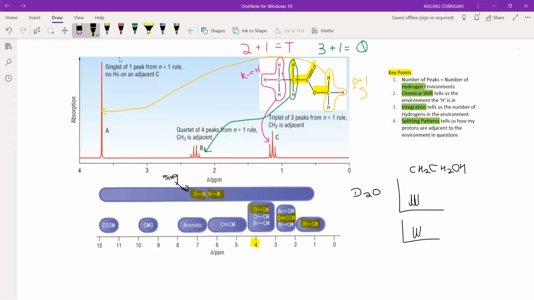I'll actually make this. If I used H2O, I get this signal. If I used heavy water, deuterated water, also known as heavy water, I'm just replacing the H with deuterium.